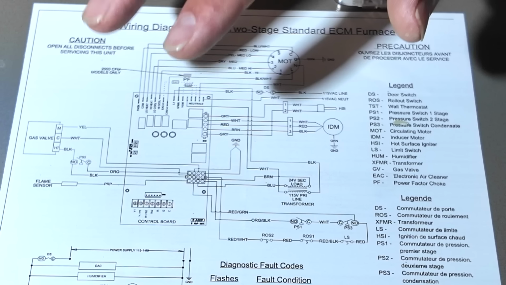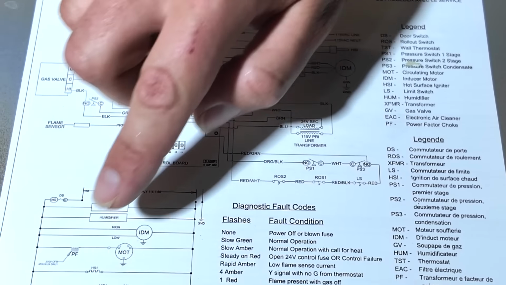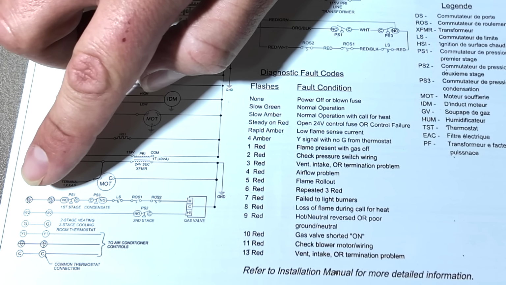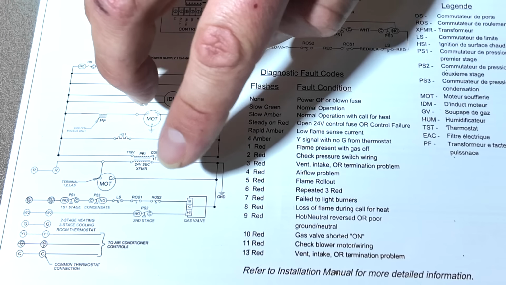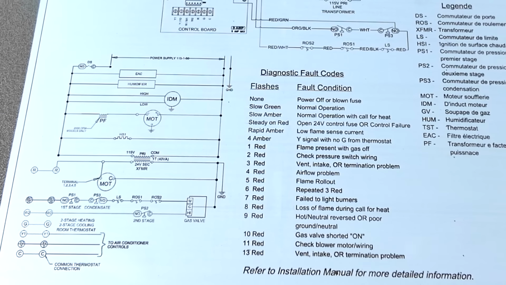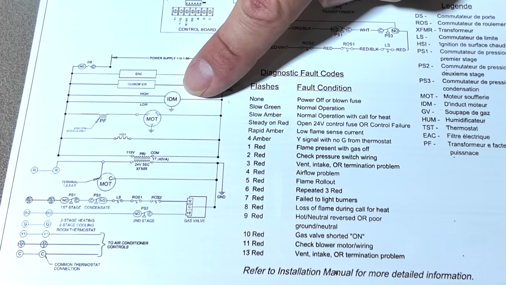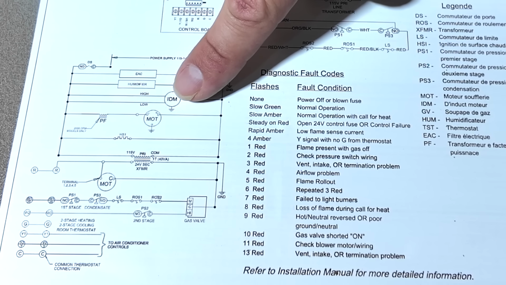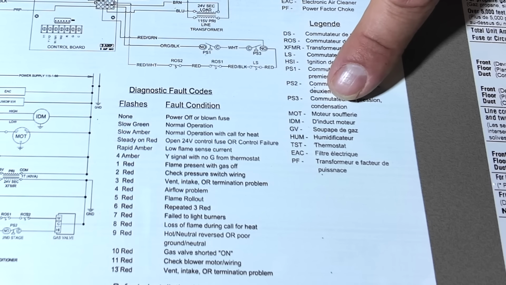Anytime I read a furnace diagram like this, I start with the call for heat, and that is W. From W through the safeties to the first component. Now let's find the inducer. On the ladder diagram, it's right here. It's IDM. If you look at the legend over here, it tells us the abbreviation.